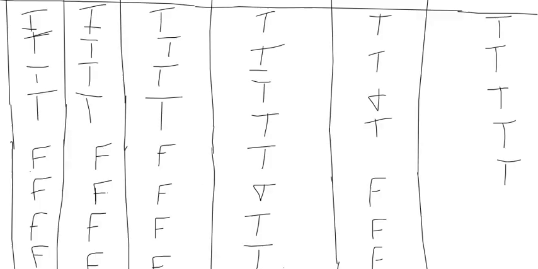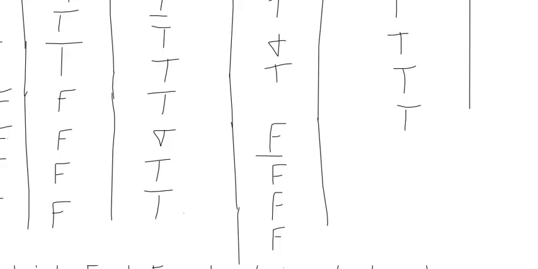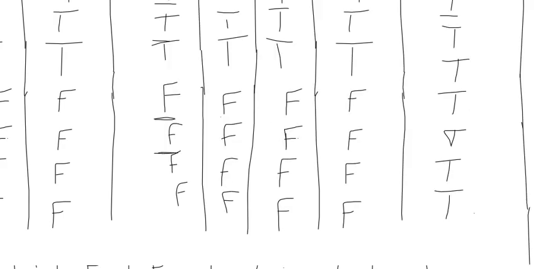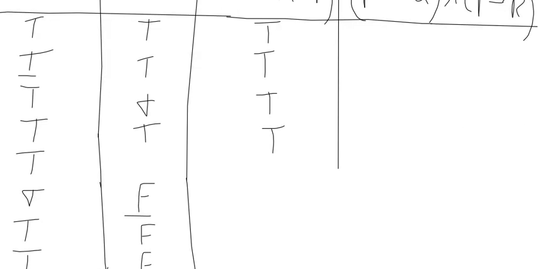So be careful. That means if Q and R is false, and P is false, false implying false, what do you think that is? Well, false implying false has to be true, right?